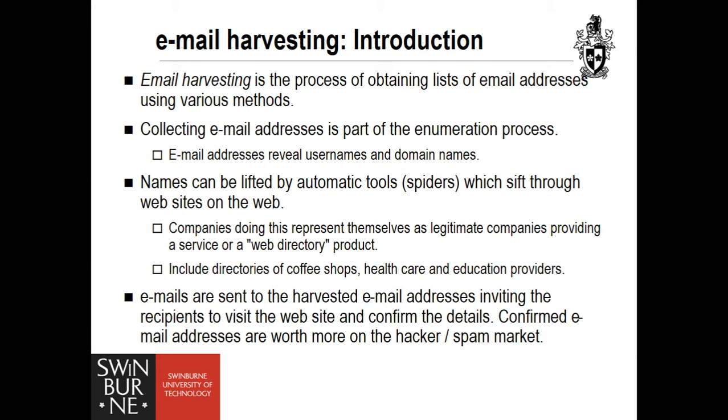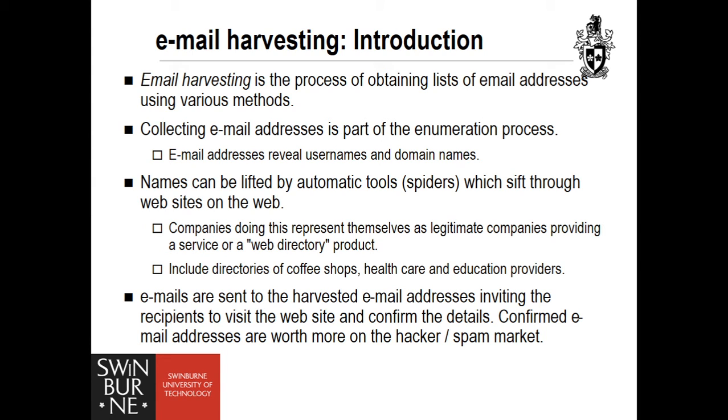Okay, now we go to the next topic, email harvesting. Basically, it is a process to obtain a list of email addresses using various methods. Collecting email addresses is also part of the enumeration process. Names can be lifted by automatic tools from websites on the web.